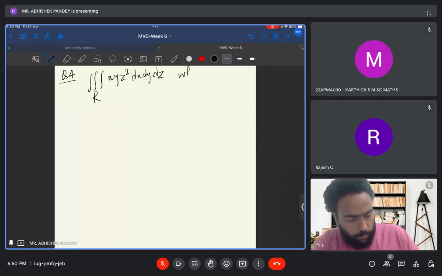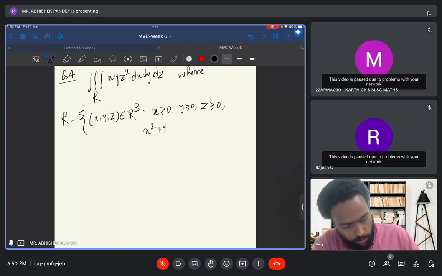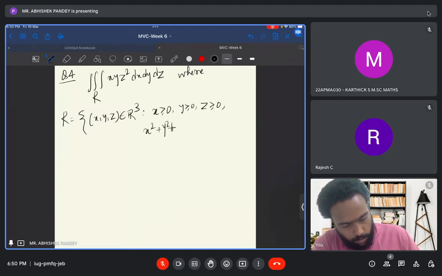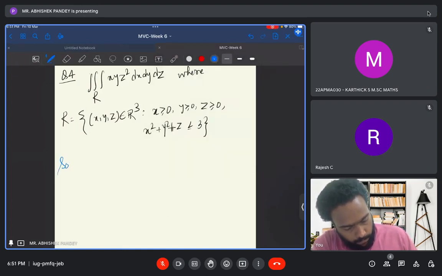Where R is nothing but x comma y comma z belongs to R3, such that x is non-negative, y is non-negative, z is non-negative, and x square plus y square plus z square is less than equals to 3. Again we will use the Dirichlet integral theorem.